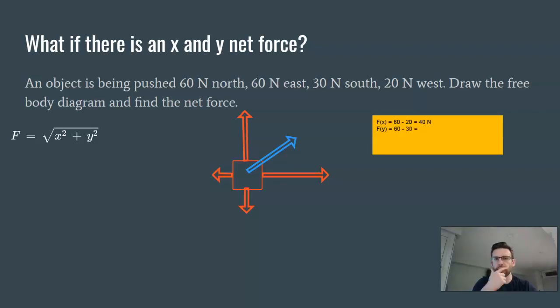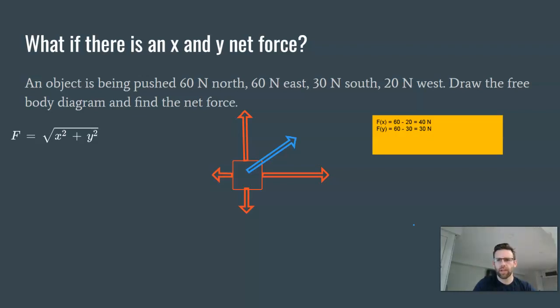So 60 is positive because it's north, 30 is negative because it's south. So I end up with 30 newtons north. So now I have two net forces, and this is where this equation comes in, where I have an x and I have a y, and I can find the resultant force. So you can kind of imagine this as a right triangle, just like what we did with displacement, right?